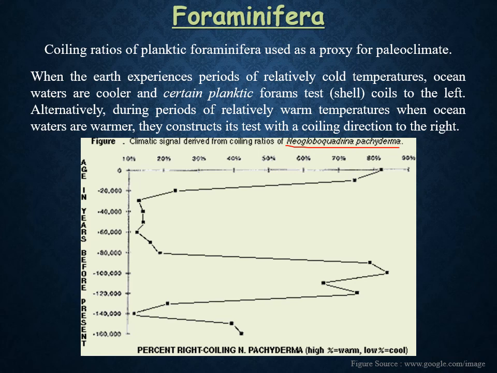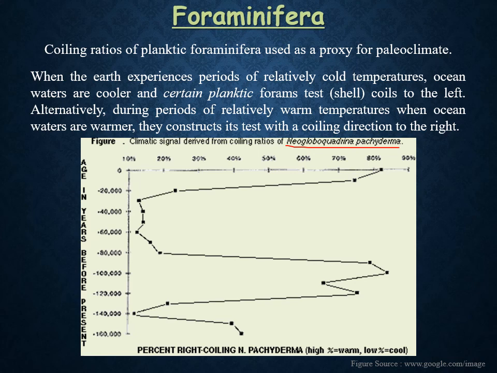So from the relative abundance of the different coiled forms of this particular foraminiferal species, we can get an idea about the temperature condition over Earth, and particularly the latitudinal variations, the latitudinal position of any place over the Earth.